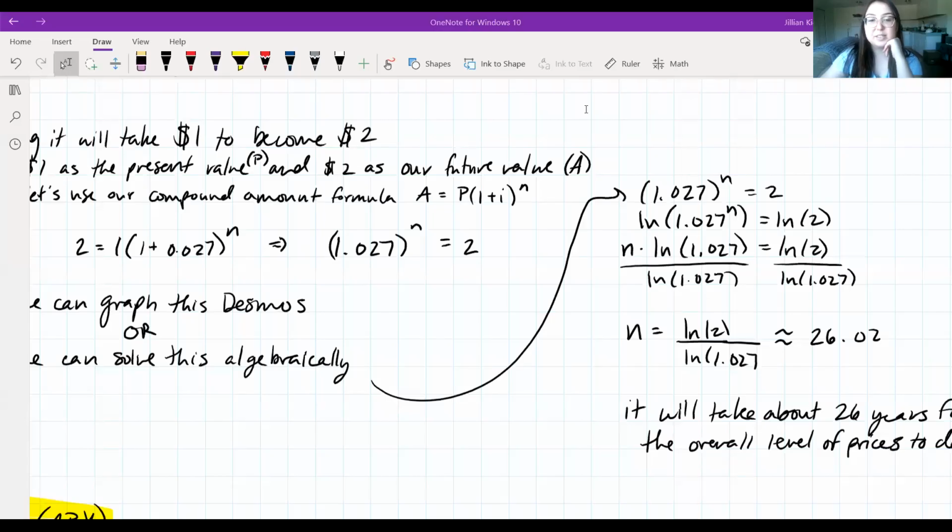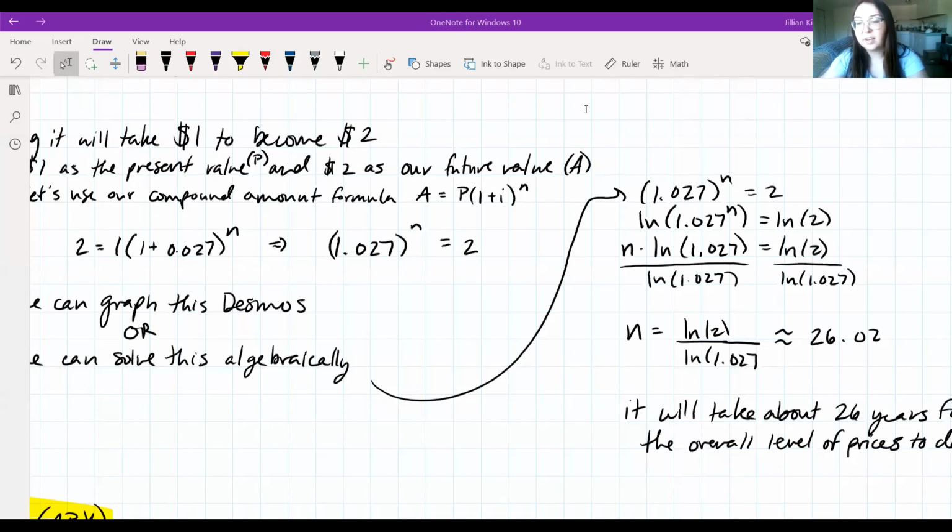All right, so now we're in Desmos, and I've already plugged in our equations here. We're using y is equal to 1.027 to the x power, and then we set y is equal to 2, since we want to know when our values are going to double, or become 2 if we're comparing with 1.